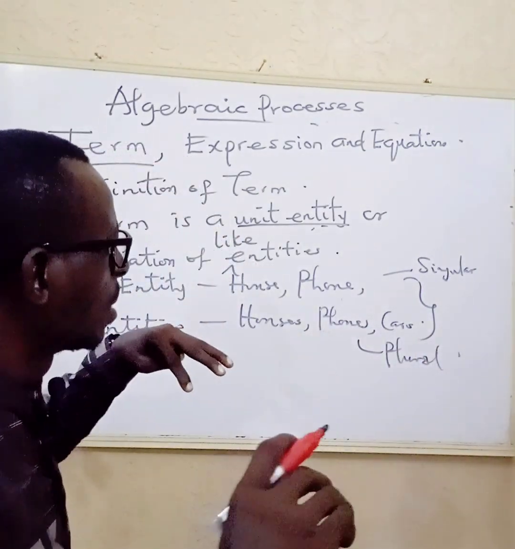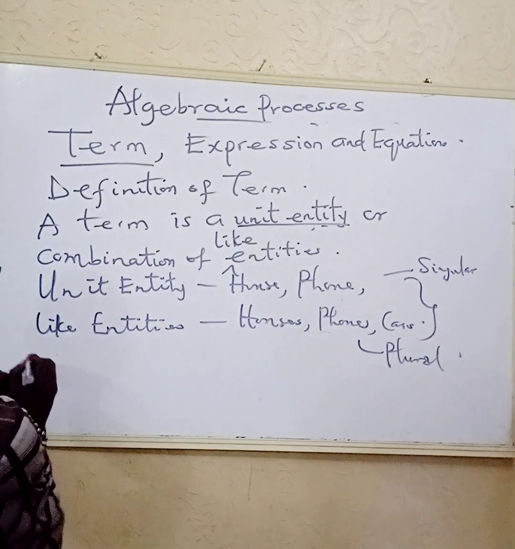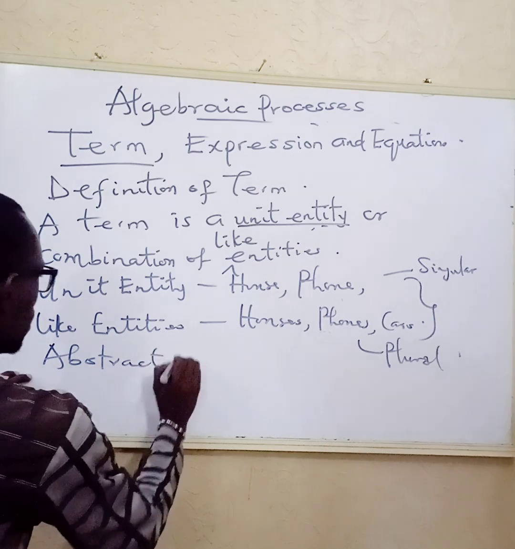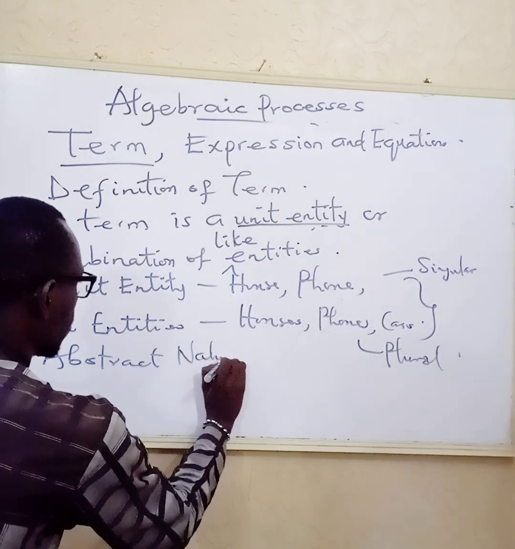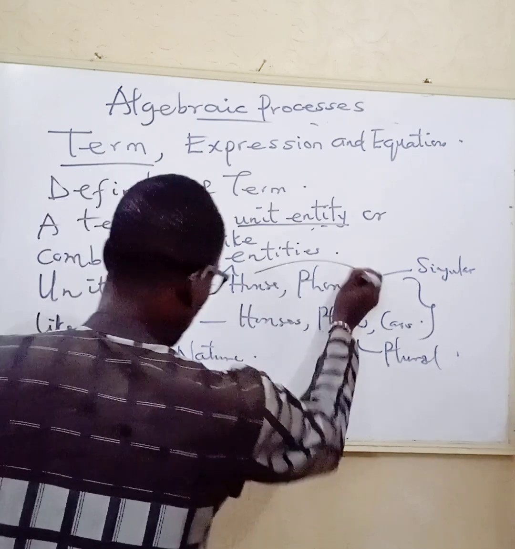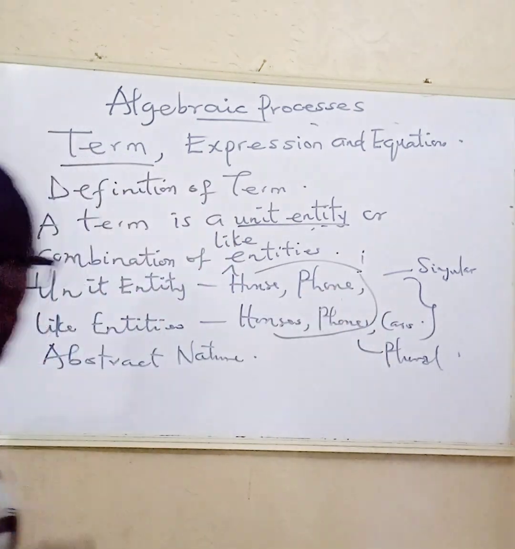When we are talking about the abstract nature of this, we are talking about our unit abstract. We have indirectly talked about the concrete nature. This is the abstract nature now.